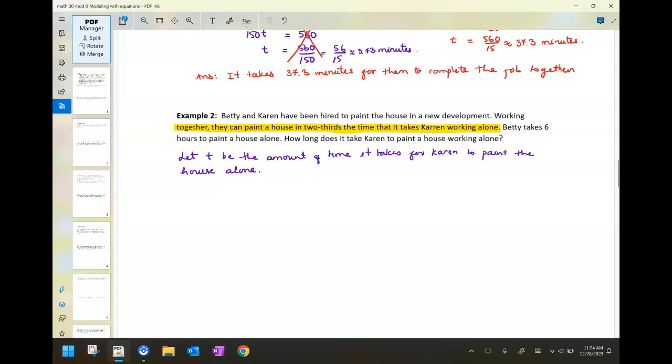Okay, so back to the thing that we highlighted. Together, they can paint the house in 2/3 the time that it takes Karen working alone. So together, they take 2/3 T hours to paint the house.